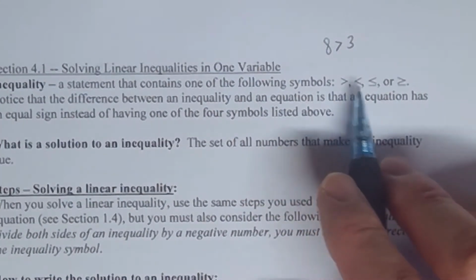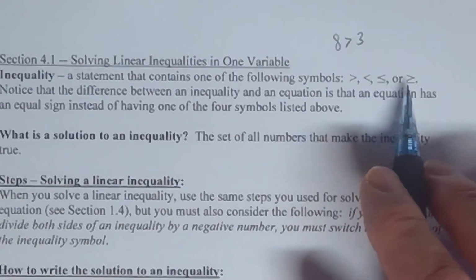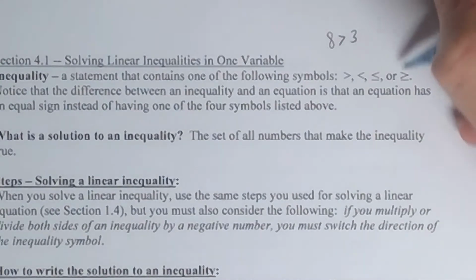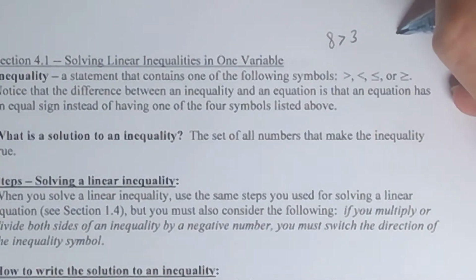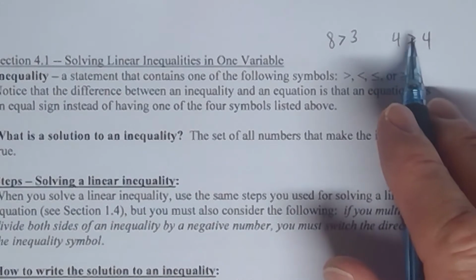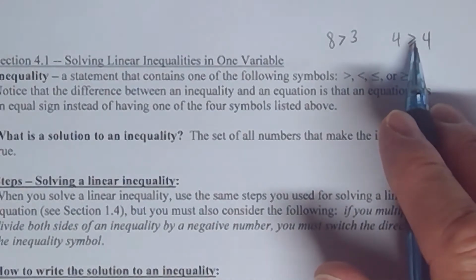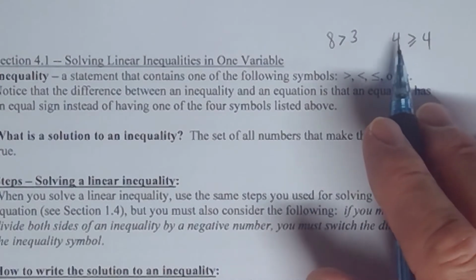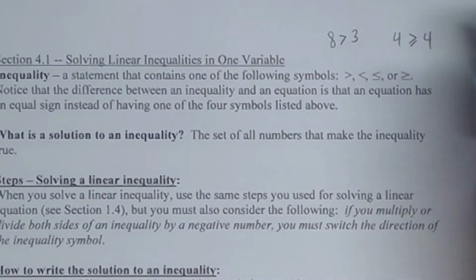So, greater than, less than, greater than or equal to, less than or equal to. The thing about the greater than or equal to, and less than or equal to similarly, is if I said 4 and 4, this would be a true statement as well, because remember, it says greater than or equal to. That means that if either one of those things is true, either 4 greater than 4 or 4 equal to 4, then this statement is true.